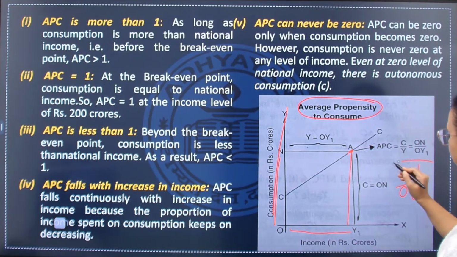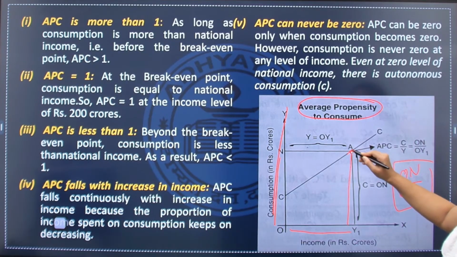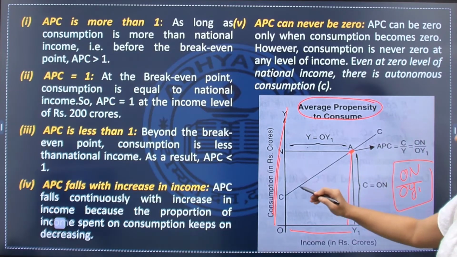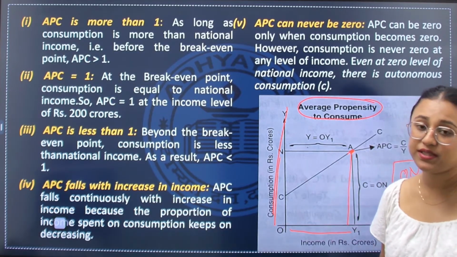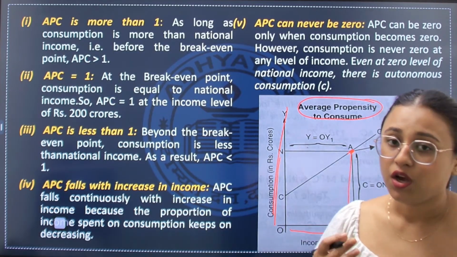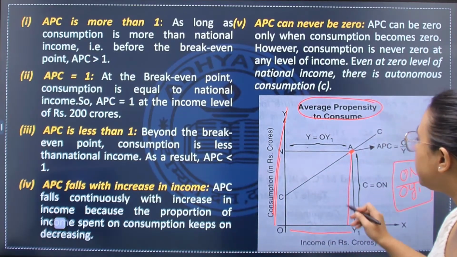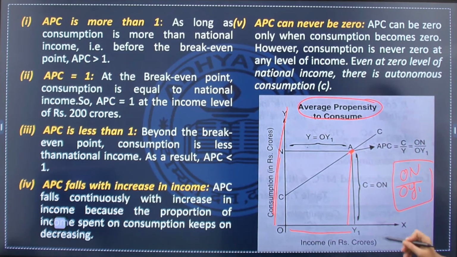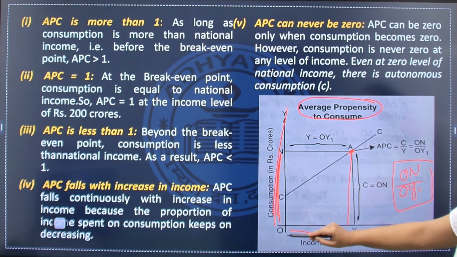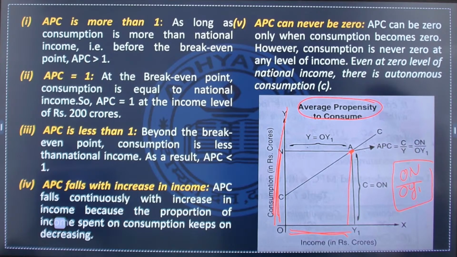ON. So at point A on the consumption curve, actually APC is not a curve, APC is actually a point on the consumption curve. So if we calculate APC at point A, it will be ON by OY1. ON is your consumption divided by total income OY1.